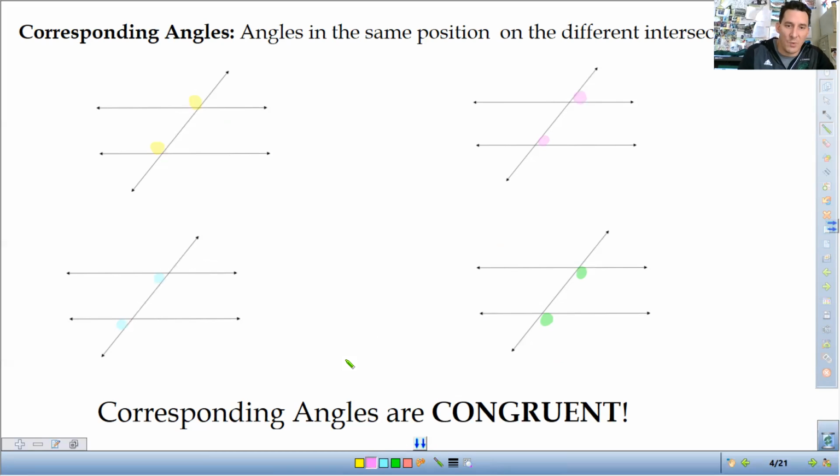If we put it all in one diagram, that might help. We can see corresponding in all the same diagram. So yellow is equal to each other, pink's equal to each other, blue and green. All right, those are the corresponding angles.